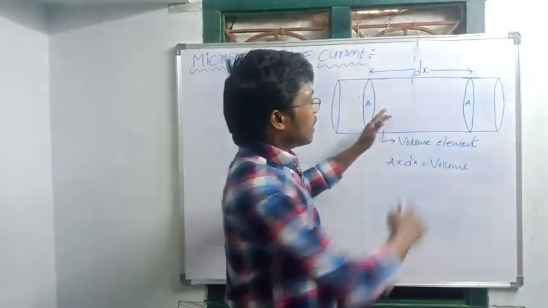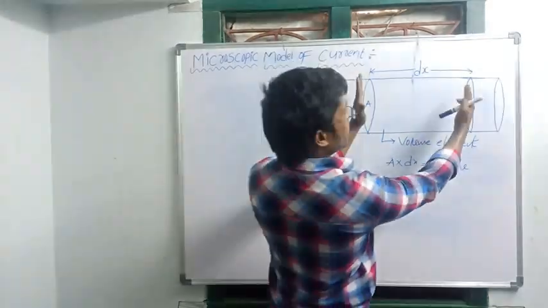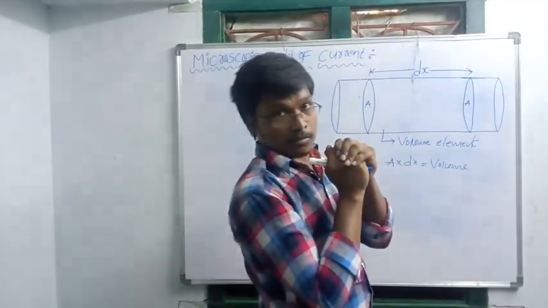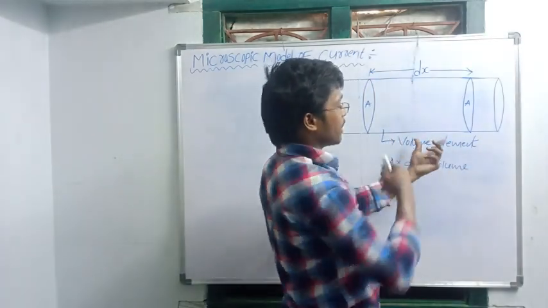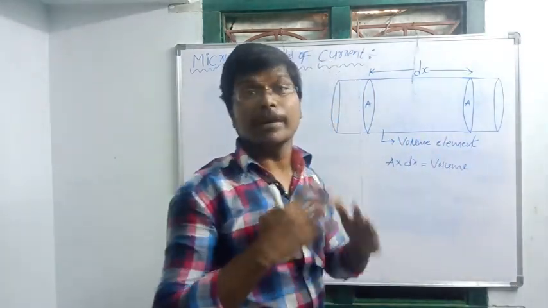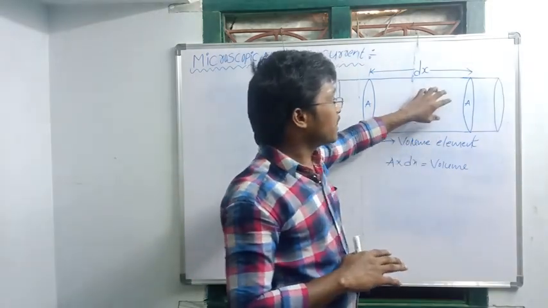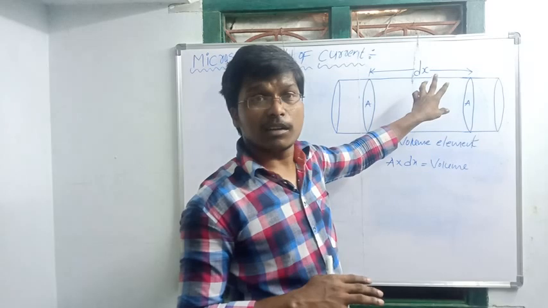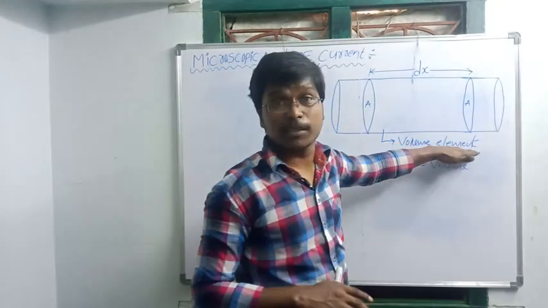And out of the total conductor, we are considering only a small part, right? This is the part. So this volume is a part, and we call the whole a volume element. You can remember this: the space between the two areas of cross section is called the volume element.